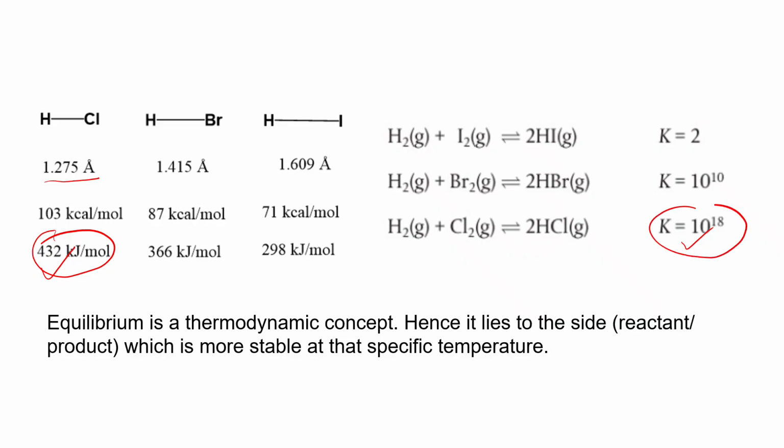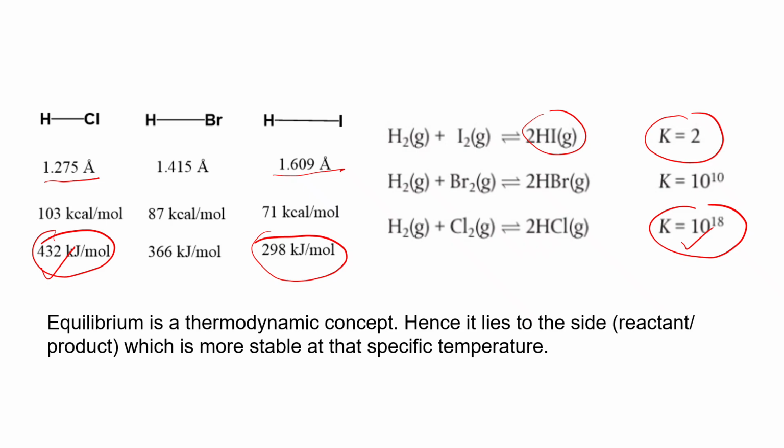As a result, you can see a very high value of equilibrium constant. You can see that the value of equilibrium constant of HI is the lowest. That's because compared to the other two hydrogen halides, the bond length is the highest, which means the bond enthalpy is the lowest, which means the product is not as stable as the other hydrogen halides.